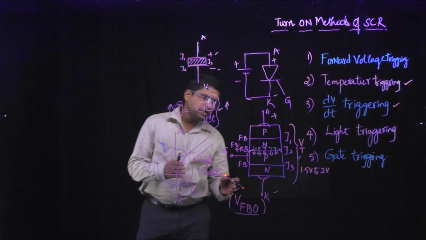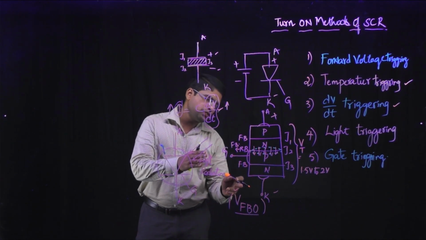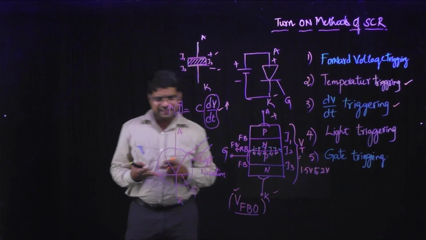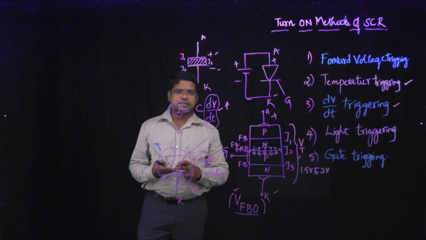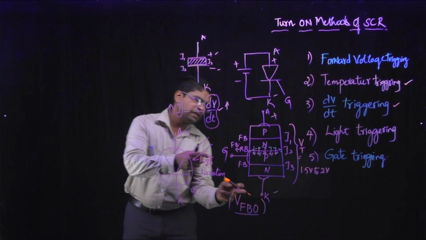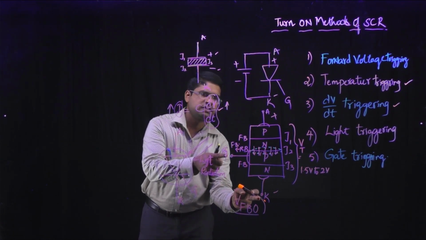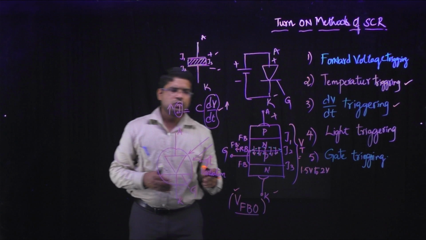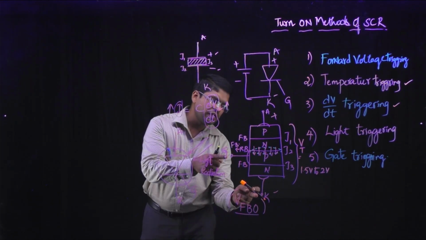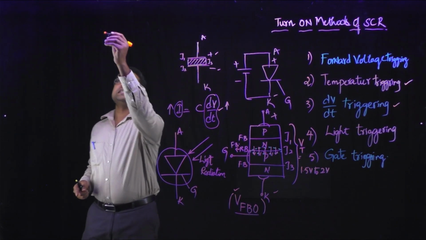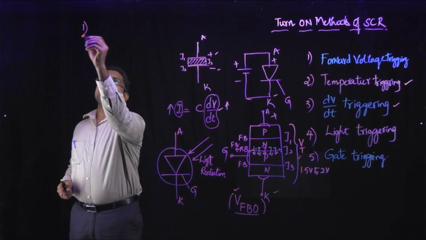So here we can use three types of signals to turn on the SCRs. They are AC signal, DC signal, and pulse signal. That means we can apply here AC voltage across gate and cathode terminals, or DC voltage, or pulse. If we apply DC voltage across gate and cathode terminals, then the type of triggering is called DC triggering.